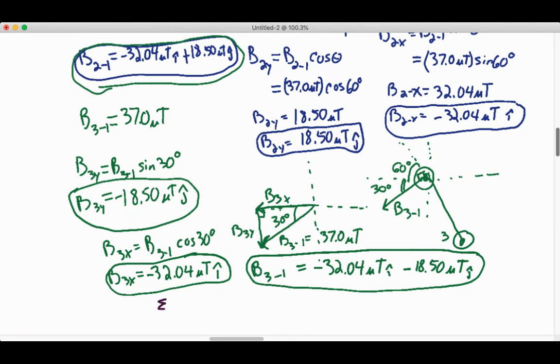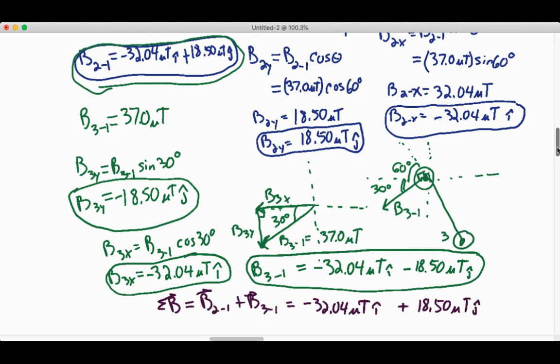Okay, so that means sigma B, the sum of these two guys, might as well call them vectors, which is B2 on 1 plus B3 on 1, is going to be equal to, first I'm going to write B2 on 1. So minus 32.04 microtesla i hat plus 18.50 microtesla j hat.